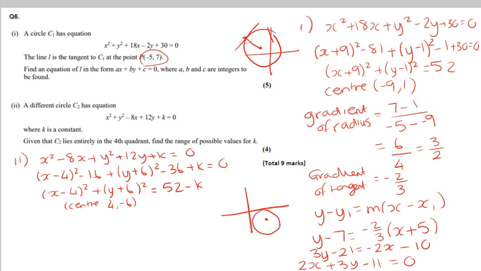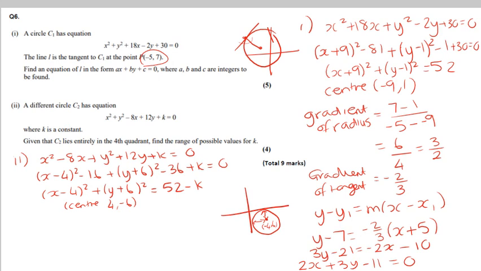So we need to think about what happens with the radius. Between there and there has to be within that bit there, and between here and here has to be within here. So if we look at where our centre is, that's 4, minus 6. So the first thing we know is that the radius must be less than 4.